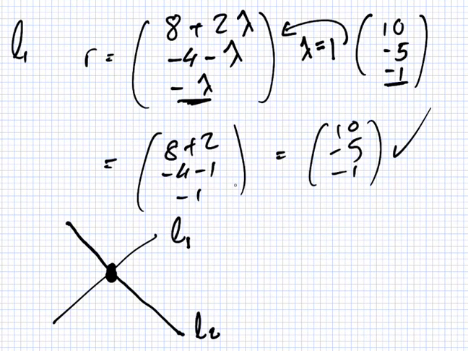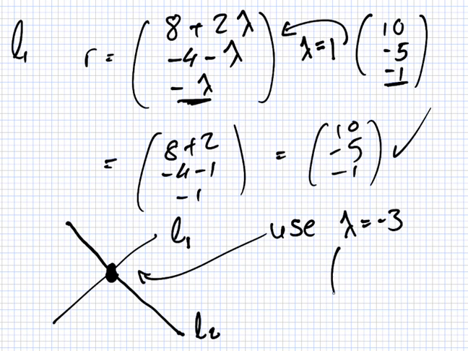What was my lambda in the previous part? Use lambda equals minus 3 gives me this point here where they meet. So let me see, that would make 8 minus 6 is 2, minus 4 minus 3 is minus 1, and 3. So we know this point here, and this point is also on the line L1.